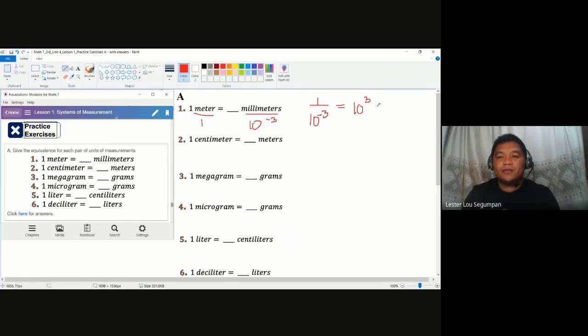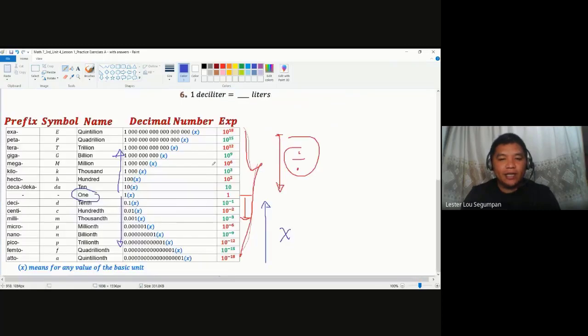And 10 to the power of 3 is 10 times 10 times 10, which is equal to 1,000. In short, there are 1,000 millimeters in 1 meter. And that's our answer here. Again, what we did here is we looked at the exponentiation of the unit meter in our table here.